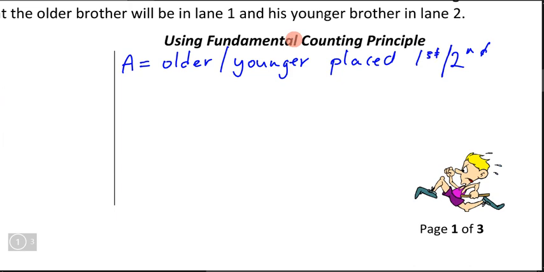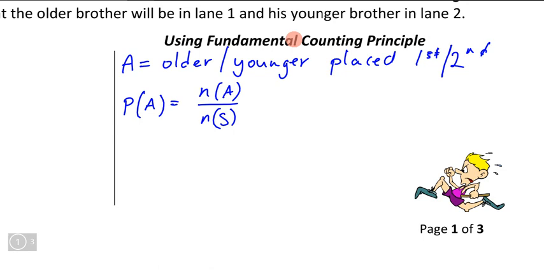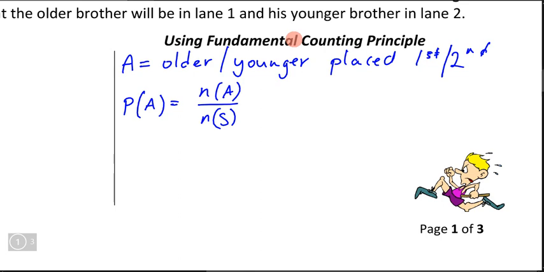So I'm treating this as one event altogether. The probability of event A is equal to the number of outcomes of A divided by the number of total outcomes. In how many ways can the older brother be placed in the first position and the younger brother in the second position? There's only one way. There's only one older brother and one younger brother.